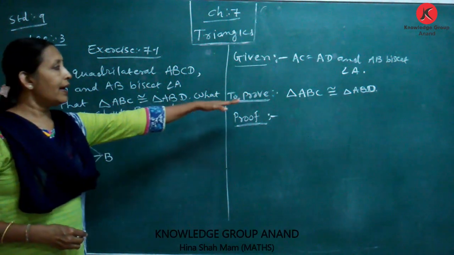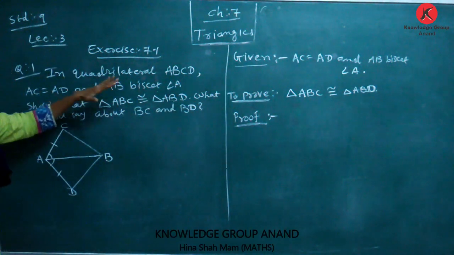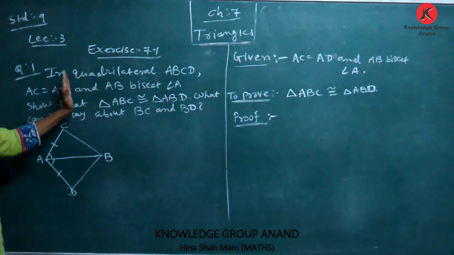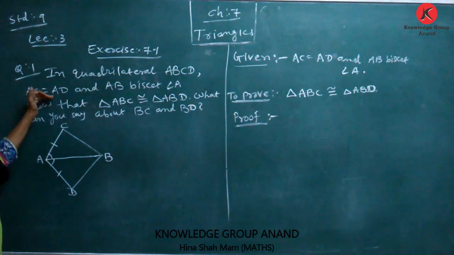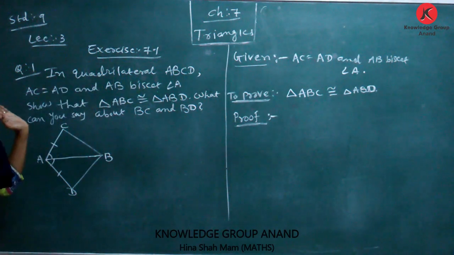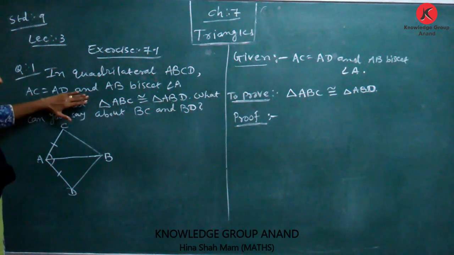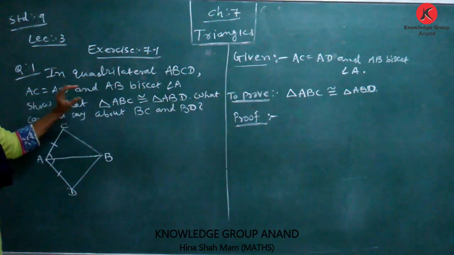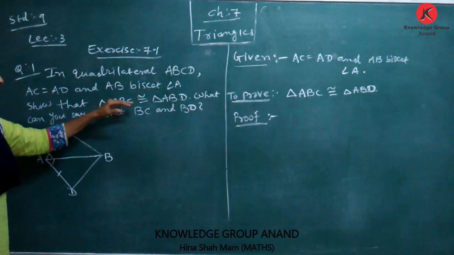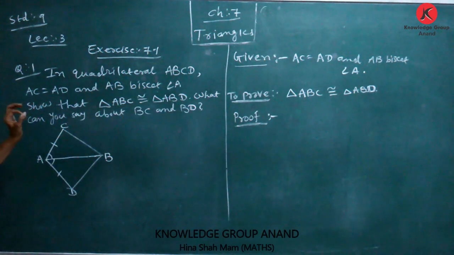To prove: triangle ABC is congruent to triangle ABD. In the question we write the given part. What is the given part? AC is equal to AD and AB bisects angle A. What is "show that"? It is called to prove: triangle ABC congruent to triangle ABD. Now the proof.